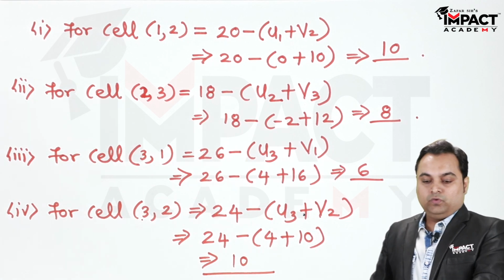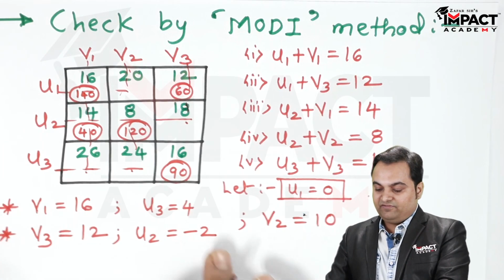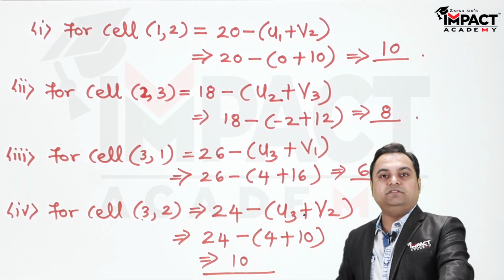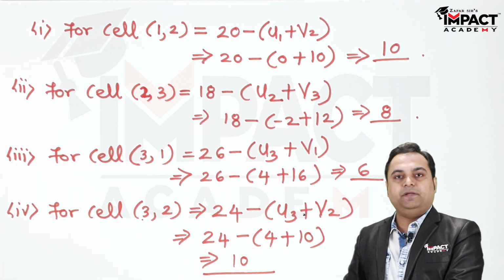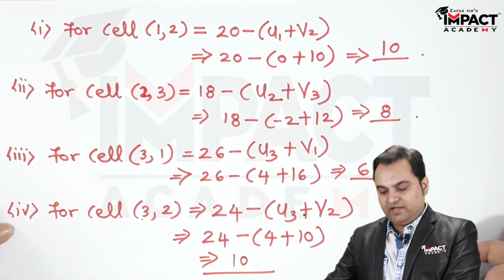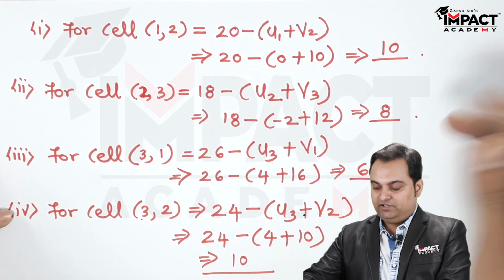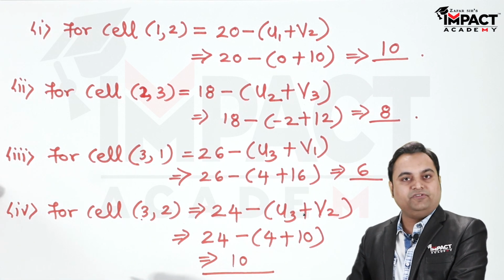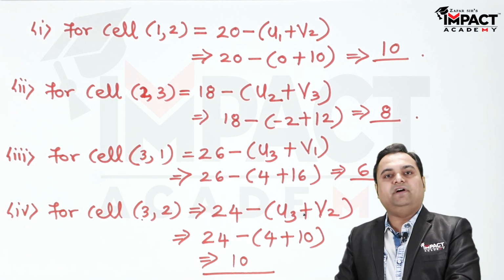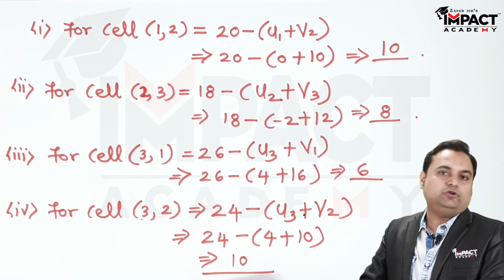And now once we have reached all the unoccupied cells, the solution would be called optimum or optimal if all the unoccupied cell differences which we are getting here are 0 or positive. It means if any of the values are negative, the solution is not optimum.